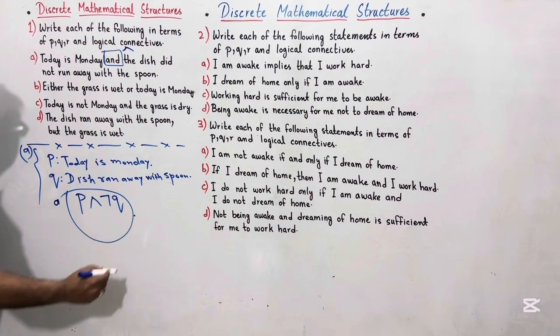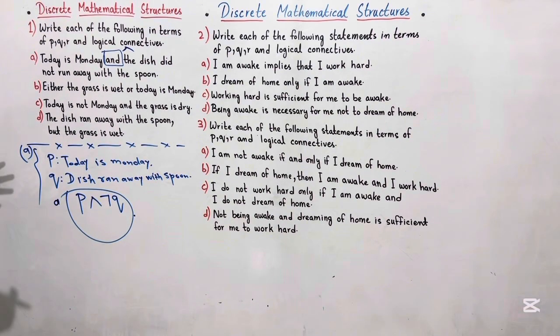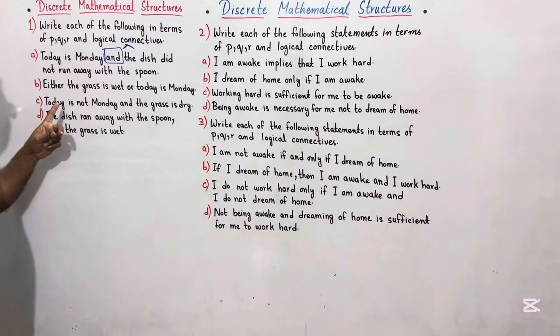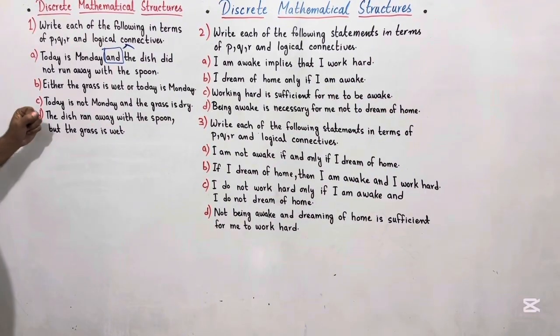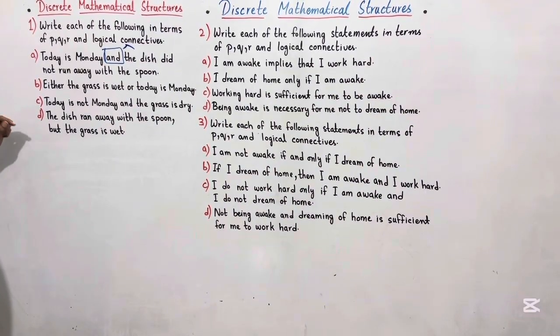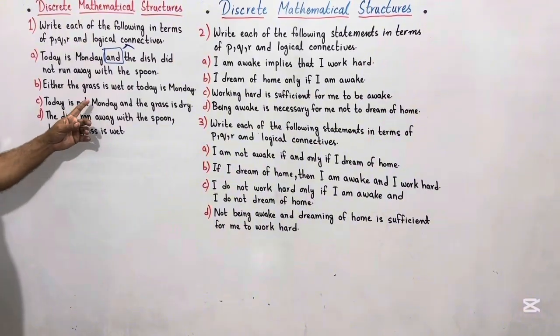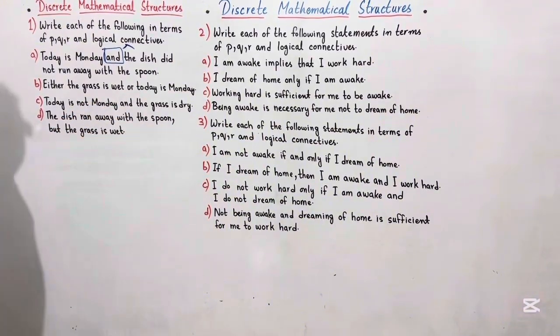Moving towards part number B, it reads as: either the grass is wet or today is Monday.